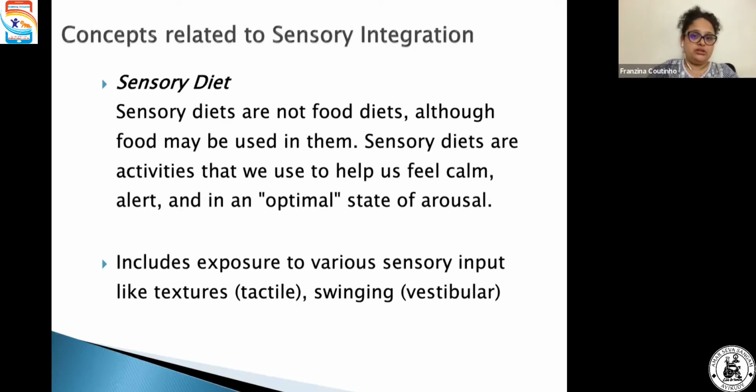I think trampolines are very overrated. I dislike them a lot because they can cause intense disorganization in somebody who has modulation difficulties. Okay, so when you are creating your diet, remember that proprioception needs to be your base and everything else needs to be built on top of it.